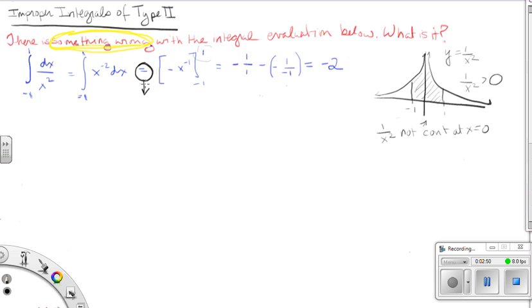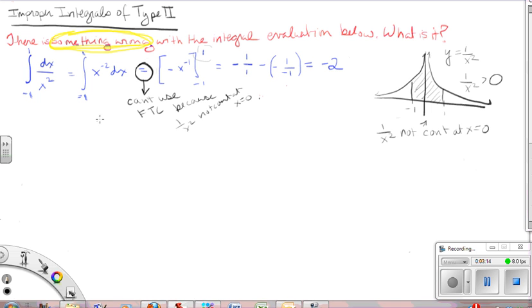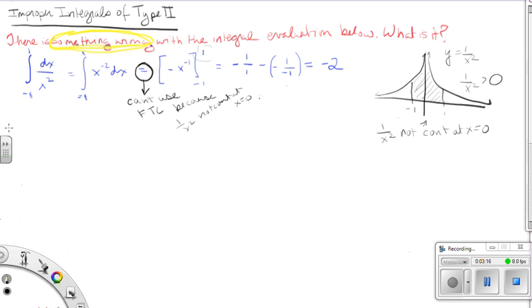So this equal sign here is the one that's wrong, because you cannot use the fundamental theorem of calculus, because 1 over x squared is not continuous at x equals 0. That's where the issue is. So type 2 improper integrals are an attempt to add some meaning to how we deal with things that are not continuous.